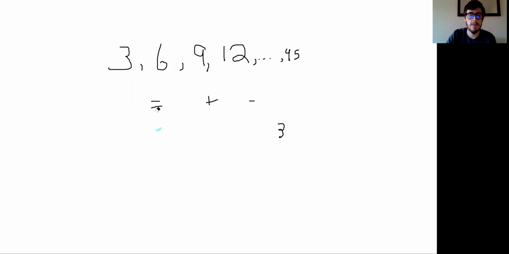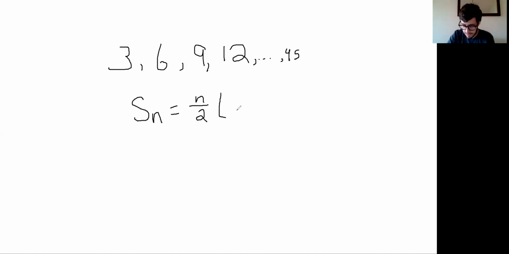So let me erase this. And then we're going to recall our formula for the summation, the nth partial sum, is n over 2 times a1 plus an.